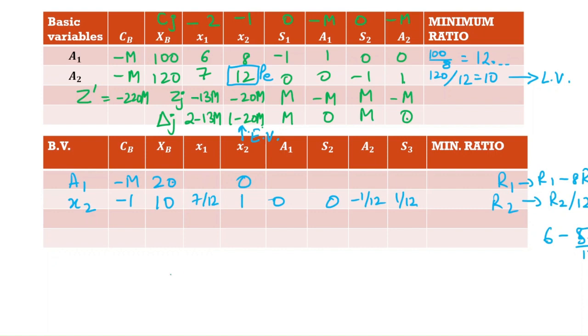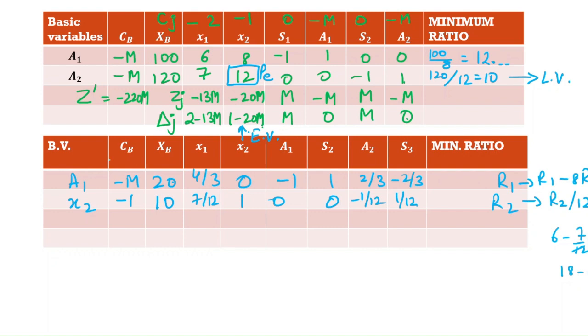Sorry, this is not 56. Let me just quickly. So that would be minus 8 times, so that would be 6 minus 7 by 12 into 8. So 2, this is 3, 3 6 are 18 minus 14, so that's 4 by 3. And this would be minus 1, that's 0 plus 8 by 12, so that's 2 by 3. This is minus 2 by 3, right?